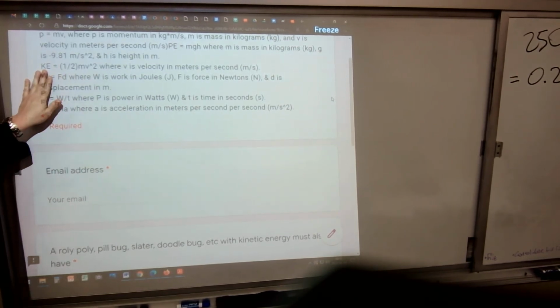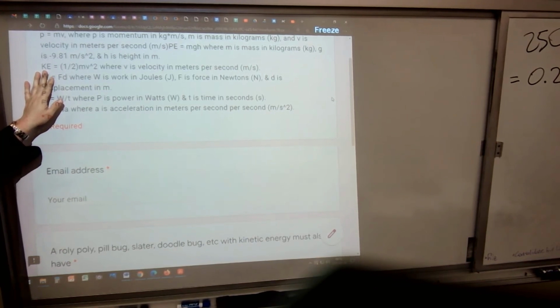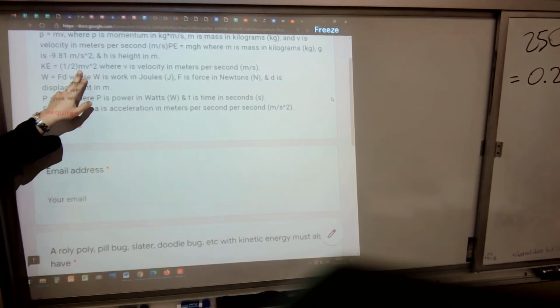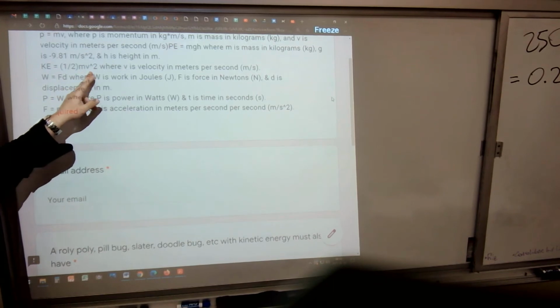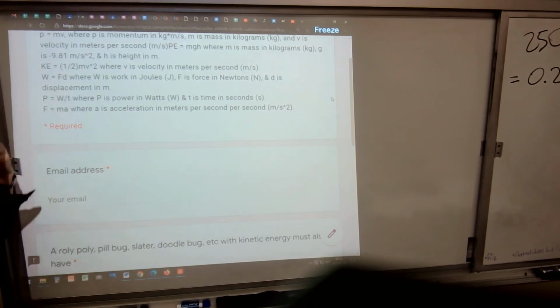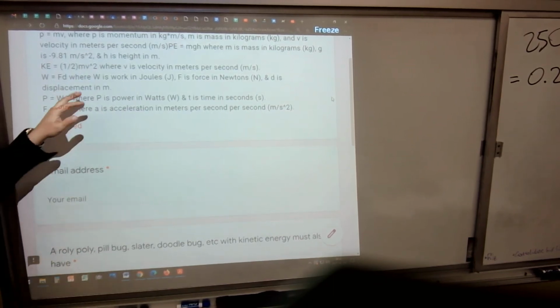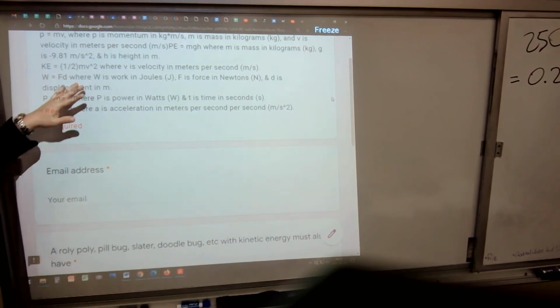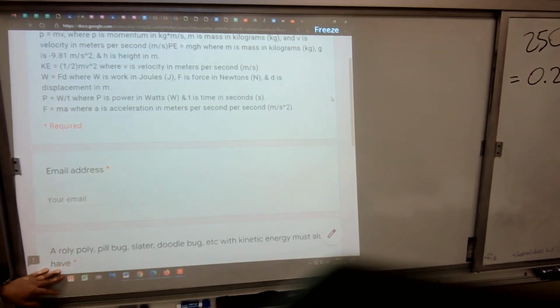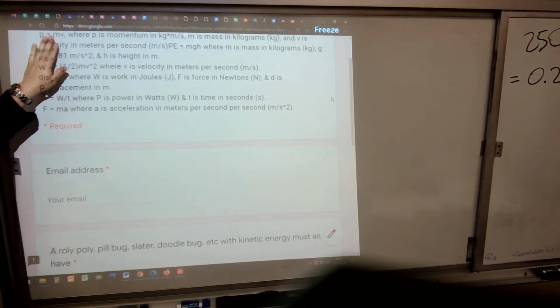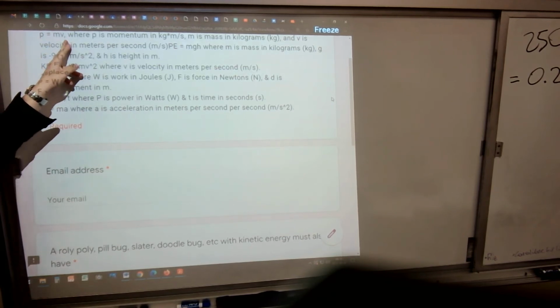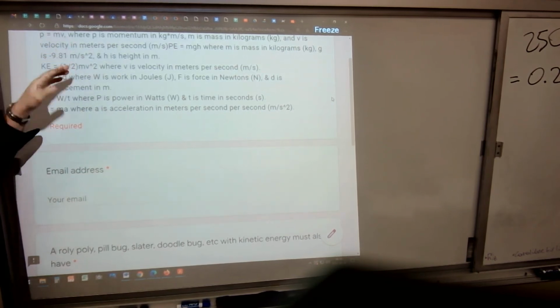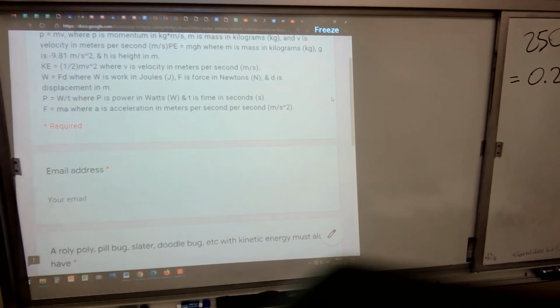If it has kinetic energy, that means its kinetic energy is not zero, so its mass isn't zero and its velocity is not zero, because if one of those is zero, 0 times that will be 0, and it won't have kinetic energy. So it's got a mass and a velocity. The other formula with mass and velocity in it is the momentum formula. If it's got a mass and a velocity, it's got kinetic energy and momentum. So the answer is momentum.